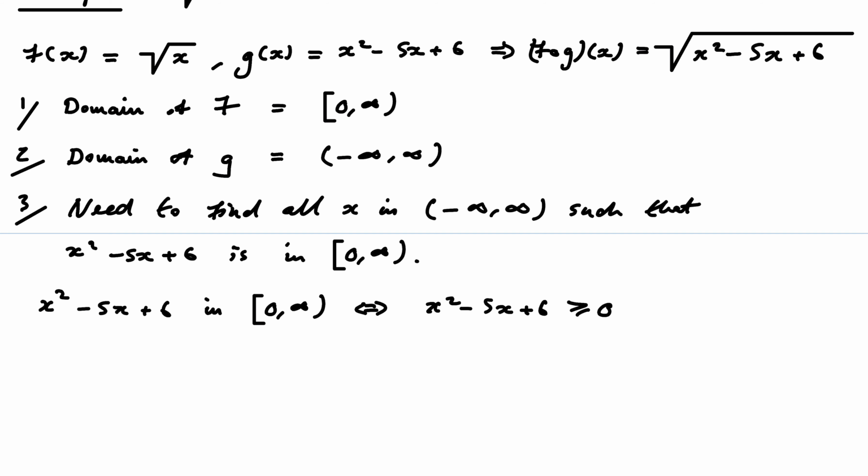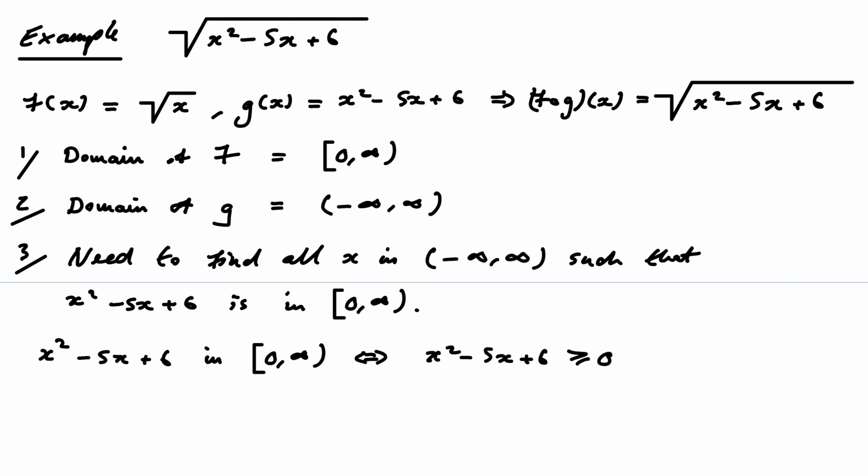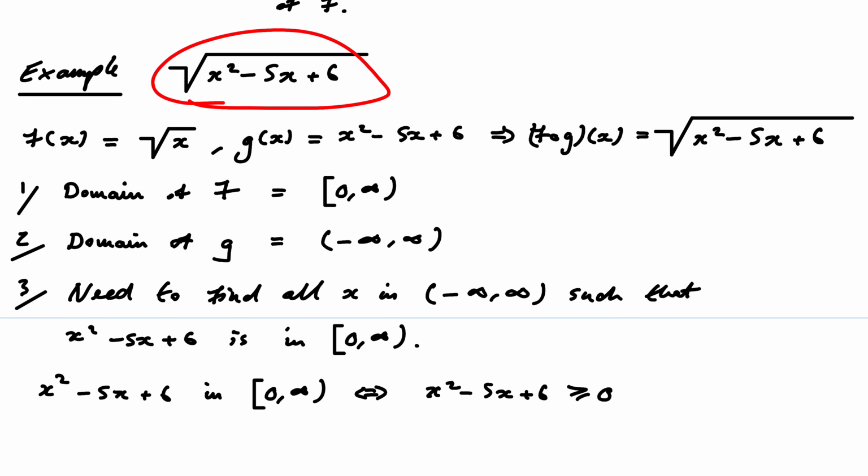So the condition I'm looking for is finding what values of x that expression is greater than or equal to 0 for. And this is kind of obvious from the get-go, I think, right? You look at this up here and you say to yourself, okay, I'm taking the square root of something. I can't take the square root of any negative numbers, so whatever that thing is has to be greater than or equal to 0.